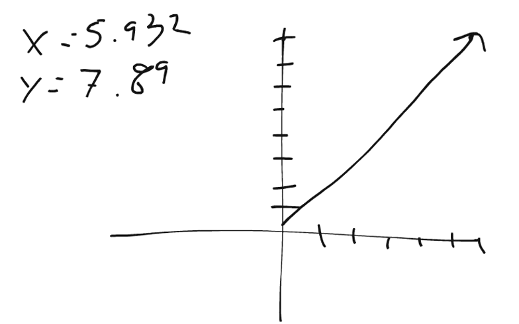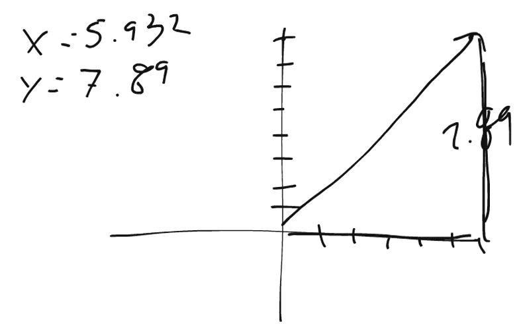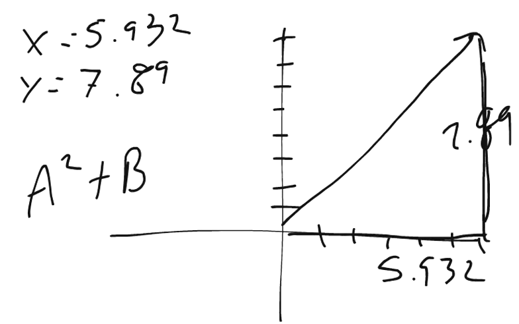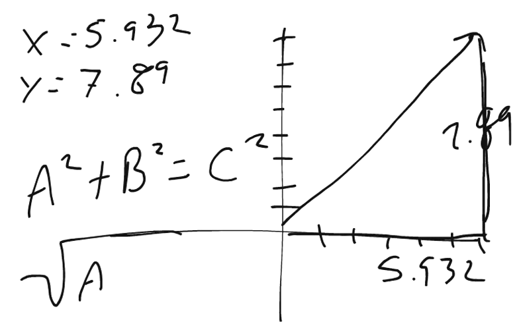Now I can use a right triangle to solve the distance. Here we have this line that is 7.89 units long, and this one is 5.932 units long. If a squared plus b squared equals c squared, then the square root of a squared plus b squared equals c.